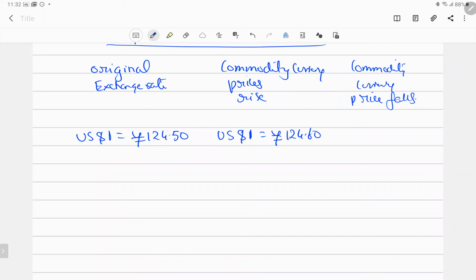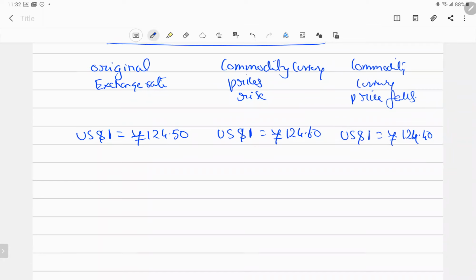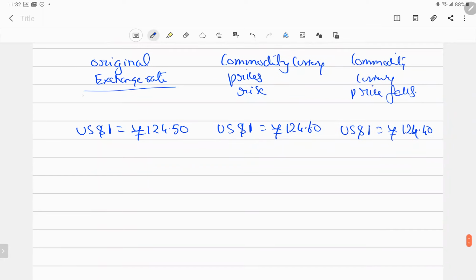You have to pay more yen to buy $1. If the commodity price falls, US $1 equals 124.40 yen. So this is your original exchange rate.